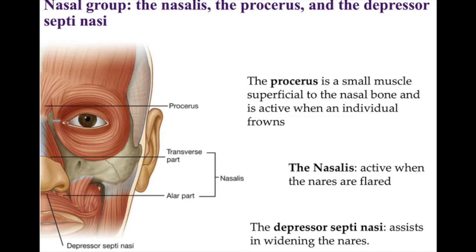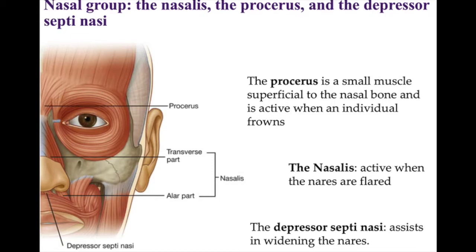The nasal group, we have the nasalis, which is a muscle that surrounds the nasal part, so the nose, active when the nares, so the openings to the nose, are flared.